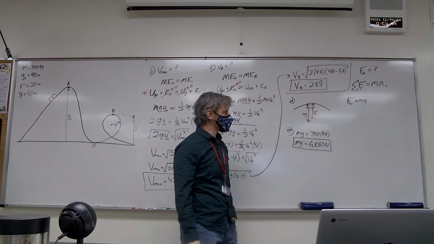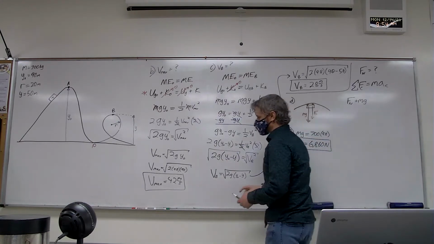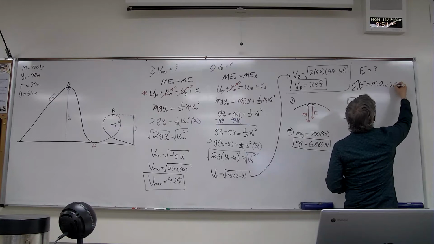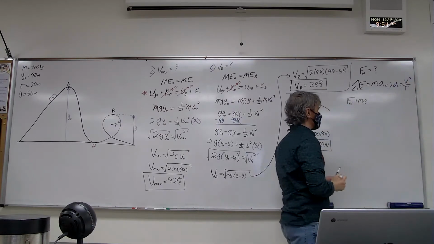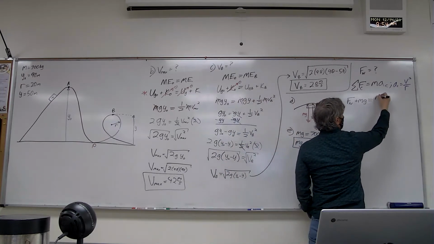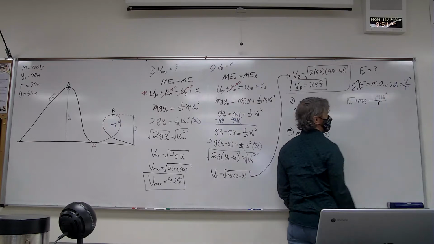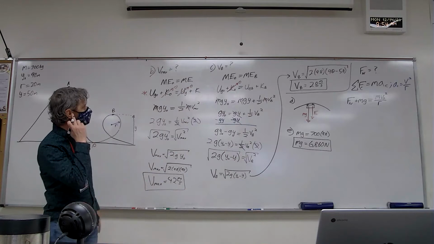The ones that point towards the center of the circle are positive. And remember, we have this expression for the centripetal acceleration, speed squared over radius r. So the right side is going to be m times speed squared over r, and that is the speed at point B, which we've already calculated.